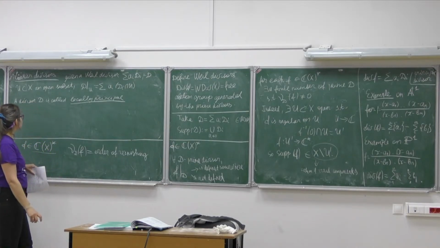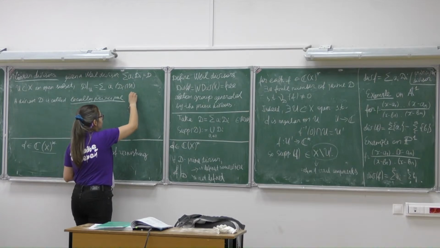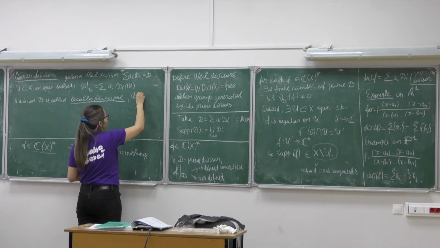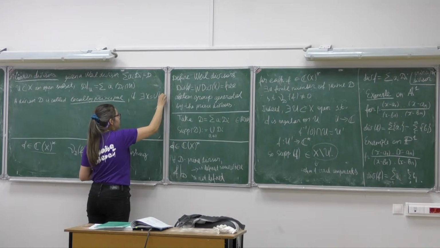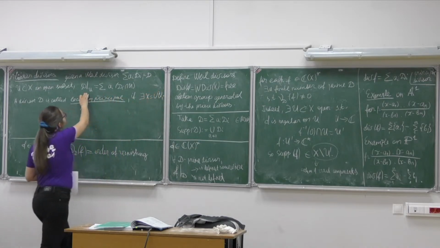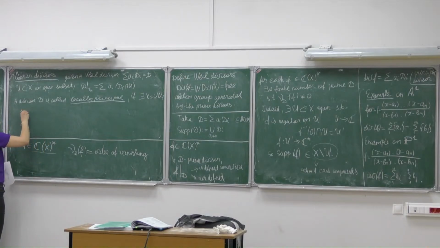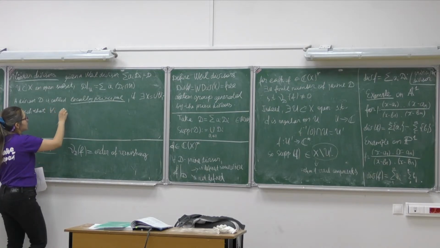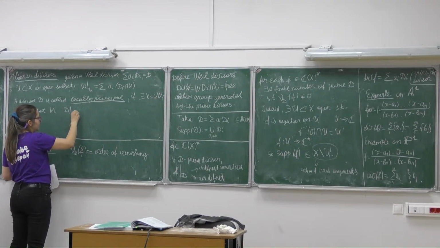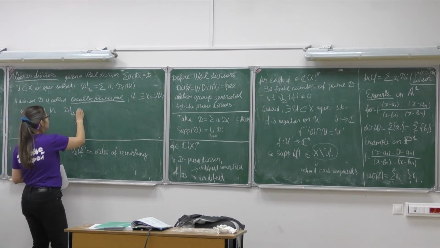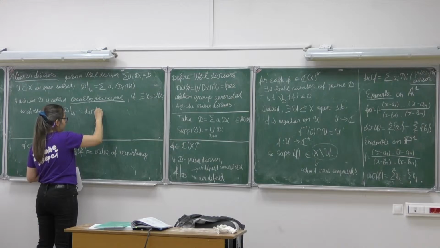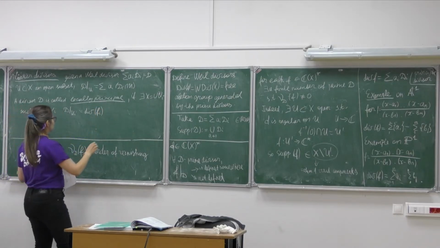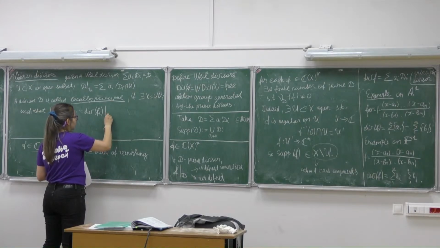And we say that a divisor is locally principal if there is an open covering, the union of some U_i, such that for each i, the divisor D restricted to U_i is a divisor of some function f_i on U_i.